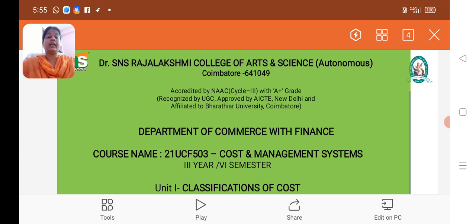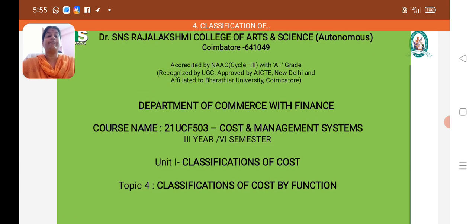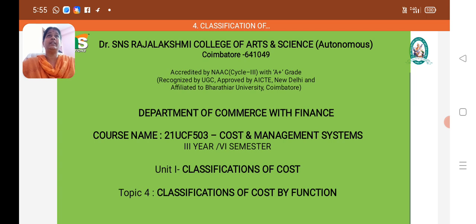I am here to explain the classification of cost on the basis of function. As we already saw, the classification of cost on the basis of element and nature. Now we are going to see the classification of cost by function.